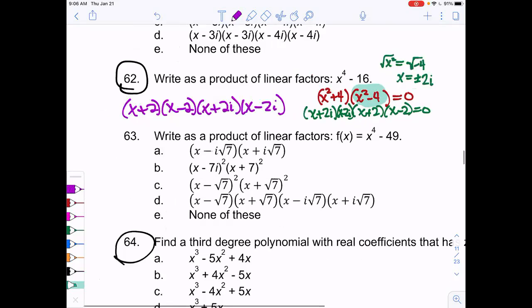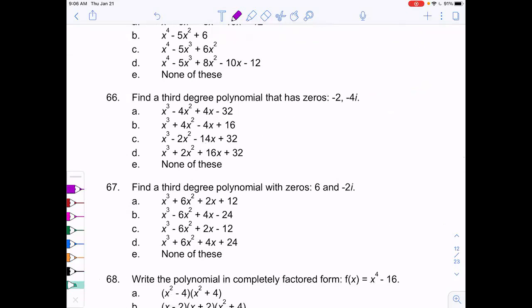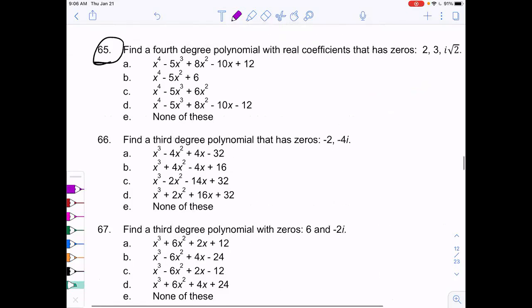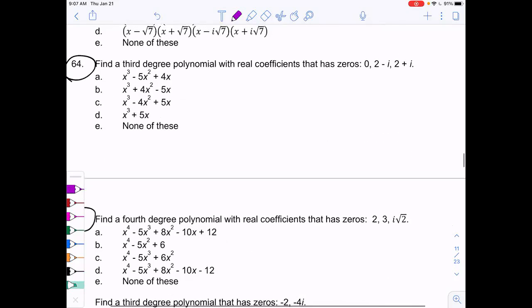So the next group of problems were 64 through 67. It looks like they're all very similar. The directions for these problems want you to find a polynomial, and they do give you the power. So 64 says find a third degree polynomial. So that means my end polynomial should be x cubed.